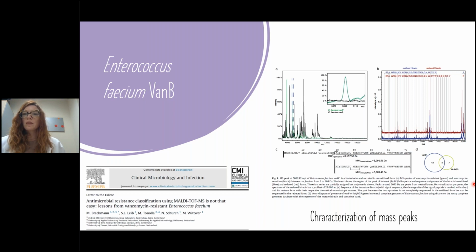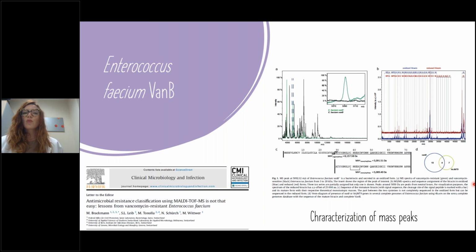Brackman published this very interesting paper, in my opinion, which changes things a little bit. So he analyzed Enterococcus faecium VanB, and he realized that he had also this mass peak that Griffin talked about, ranging around 5,000 Daltons.